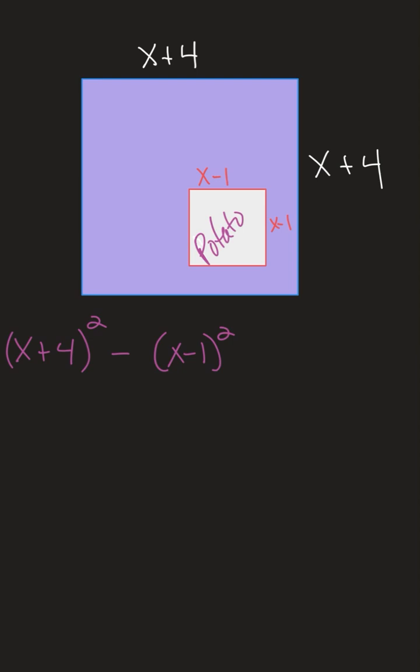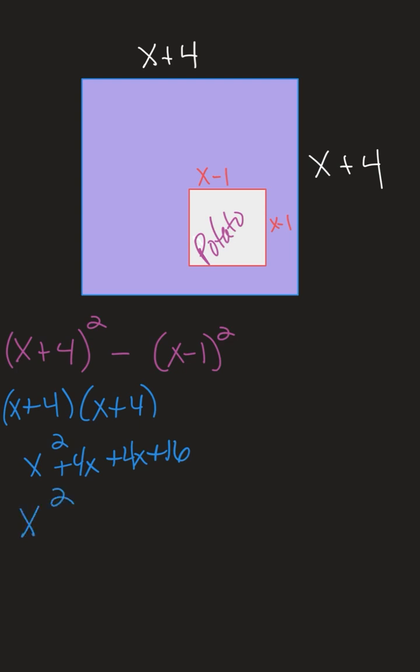All right, so I have x plus 4 times x plus 4, x squared plus 4x plus 4x plus 16. So I have x squared plus 8x plus 16. And then for my other term, I have x minus 1 times x minus 1.